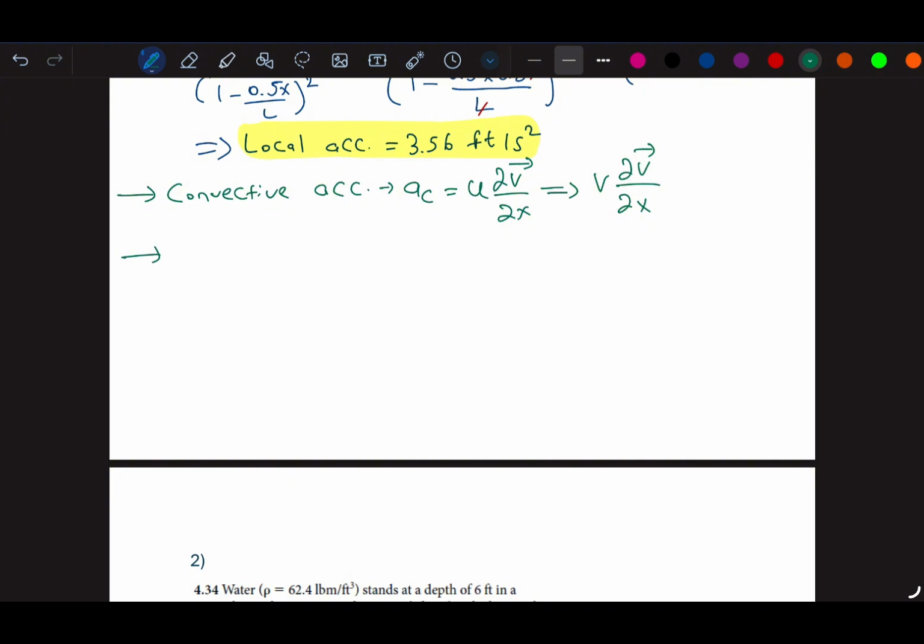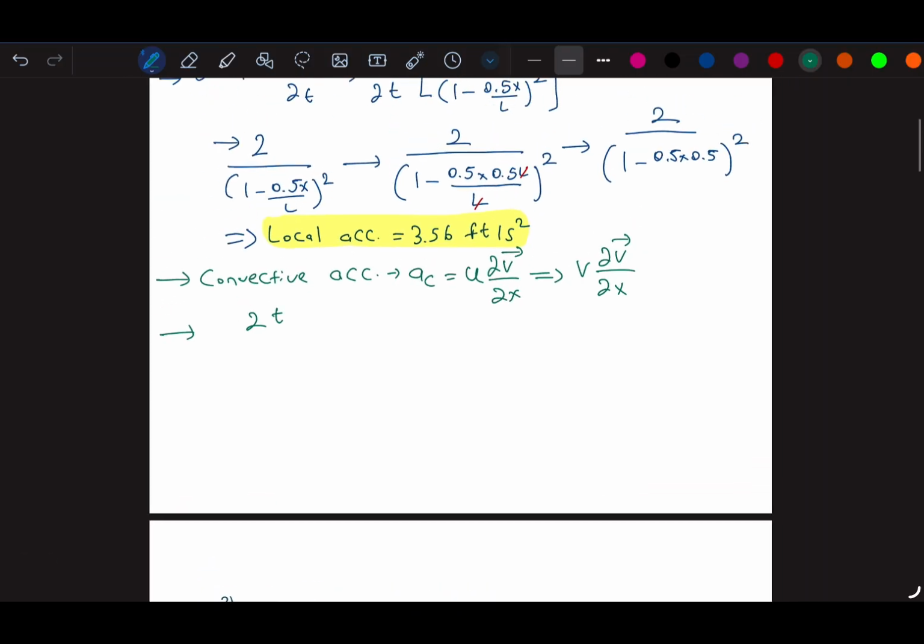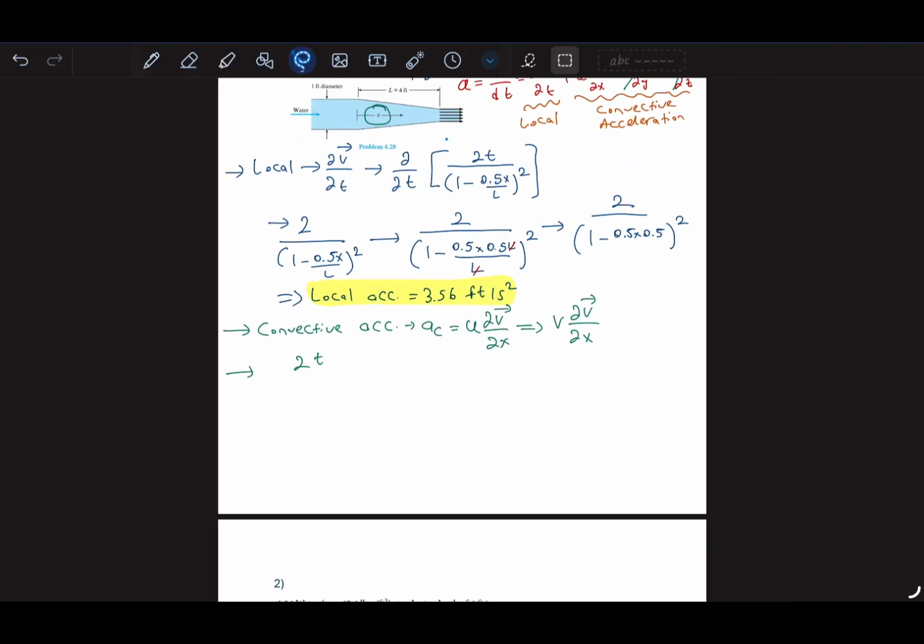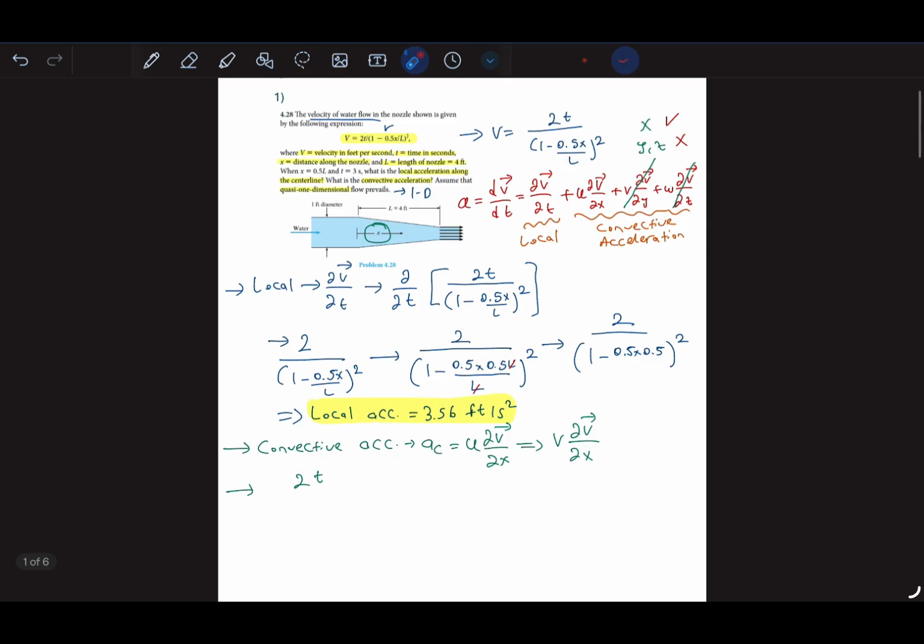So if we substitute all the values here, we get 2t over (1 minus 0.5x over L) squared times partial d over dx, and again we are going to write velocity because of this term here.